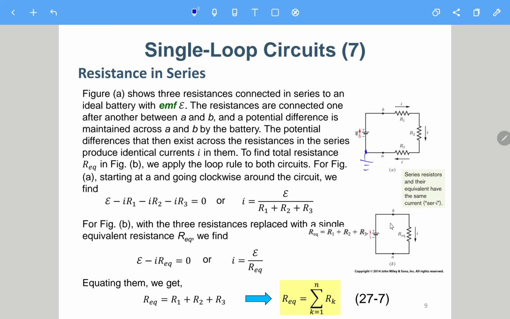Comparing with this circuit, this is a single battery with the same potential difference, and this one should be equivalent to this series resistance, so we get I equals E over Req. So this Req should be the same as R1 plus R2 plus R3. And of course for N series resistances, we should just add them together.